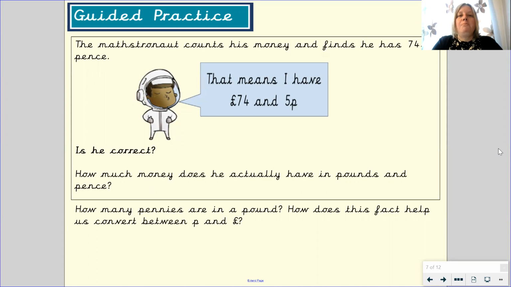So let's read our problem and find the important information that will help us to solve it. I have my highlighter ready. The astronaut counts his money and finds he has 745 pence. So we know he has 745 pence. That means I have £74 and 5 pence.